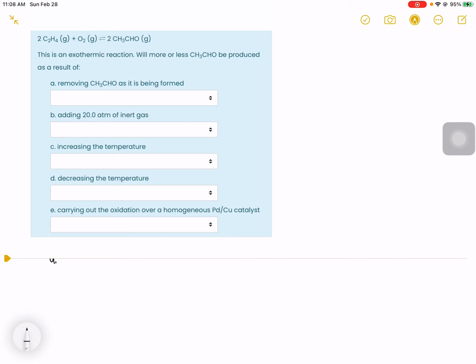By removing the acetaldehyde as it is being formed, we are forcing the equilibrium to shift further and further to the right. And as it shifts to the right, more and more of the acetaldehyde will be formed.